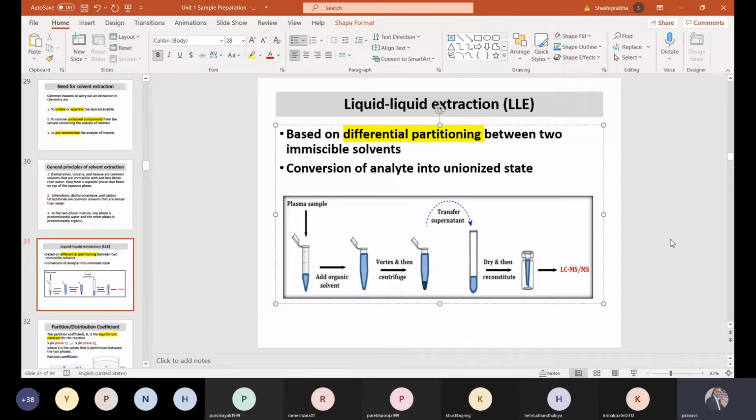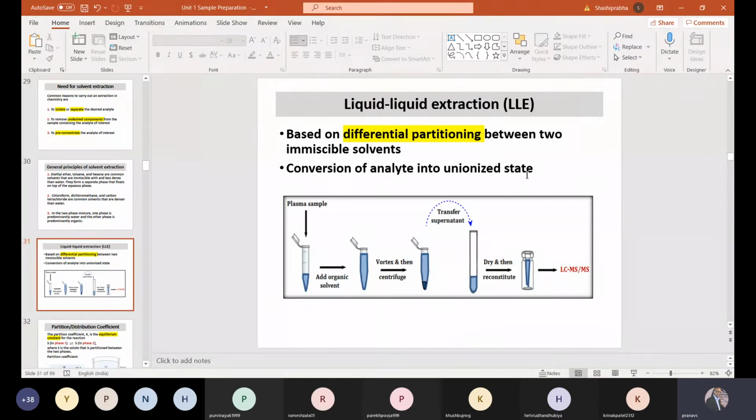So differential partitioning between two immiscible phases is the fundamental basis of separation using liquid extraction. And the second most important point in liquid extraction is that we are always interested in separating the analyte in an unionized form.